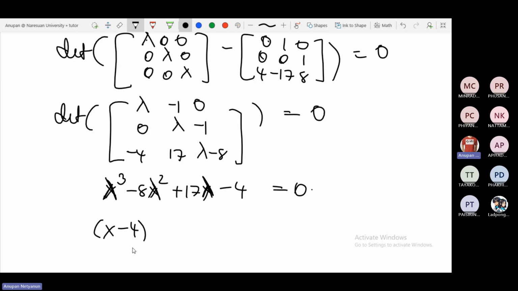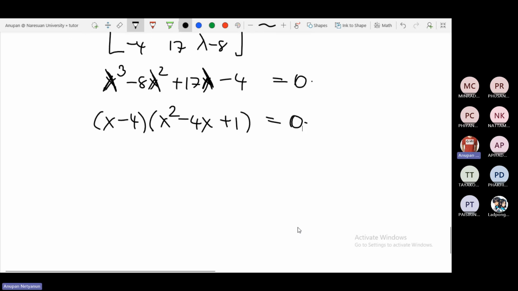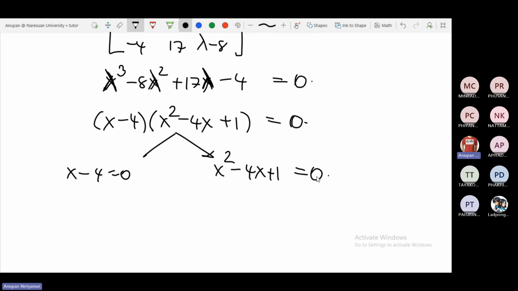So I think you can factor x minus 4 out, and you have to multiply with x squared minus 4x, and then plus 1 equals 0. For this one, these two multiplied together equal 0, right? So you have x minus 4 equals 0, and x squared minus 4x plus 1 equals 0.